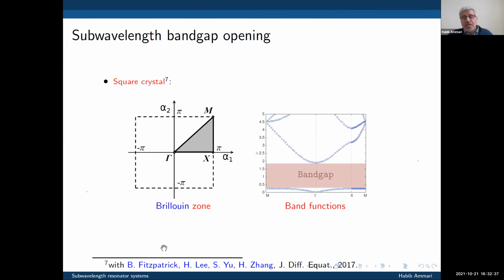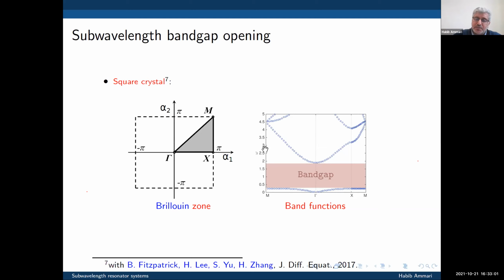Okay. Very good. So these are simulations. This is a square crystal, where one resonator is repeated periodically to make a crystal. This is the 2D case. And since there is one resonator, there is only one subwavelength band function. This is the one here. And as you can see, there is a band gap.